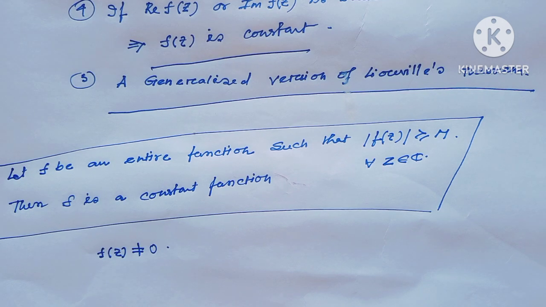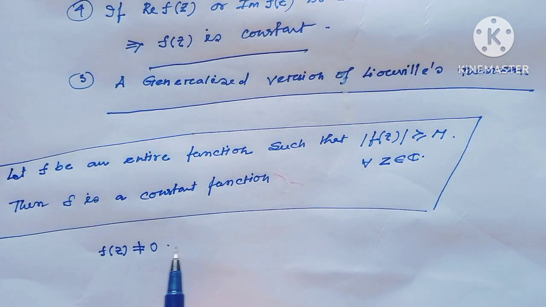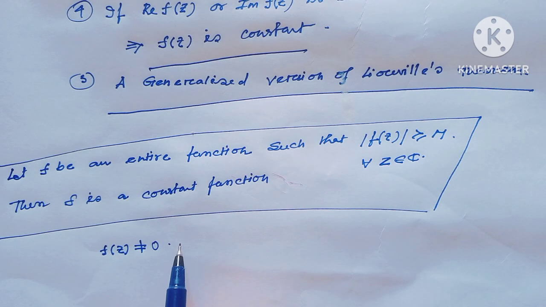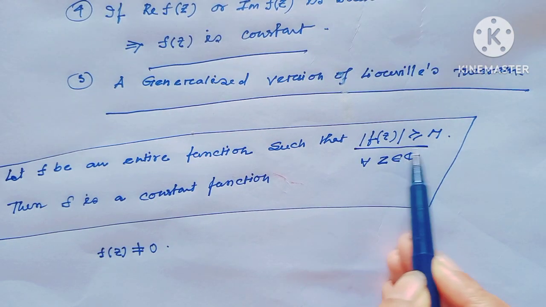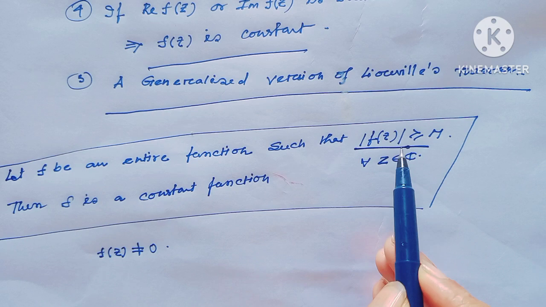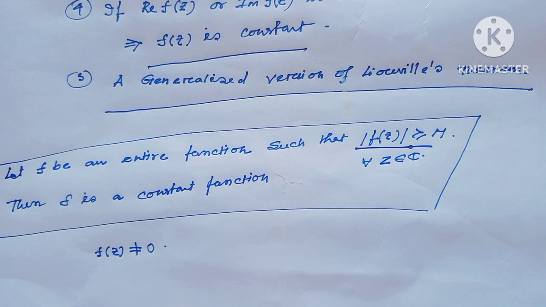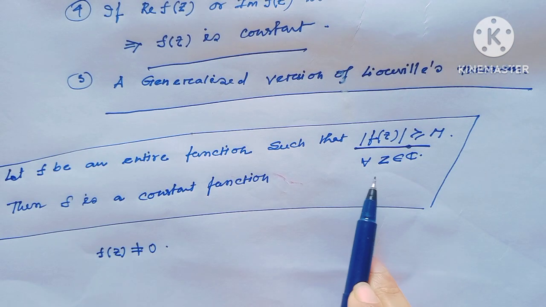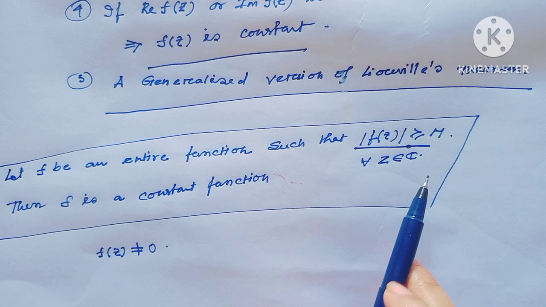Since f is an entire function such that modulus of f(z) is greater than or equal to m, and we have to prove f is constant, consider f(z) not equal to 0. Because if f(z) equals 0, that violates this condition, because given modulus of f(z) is greater than or equal to m, and this is true for all z belonging to the complex numbers.